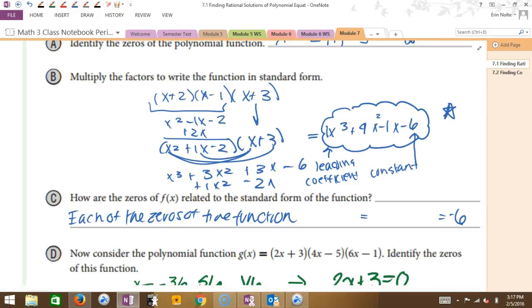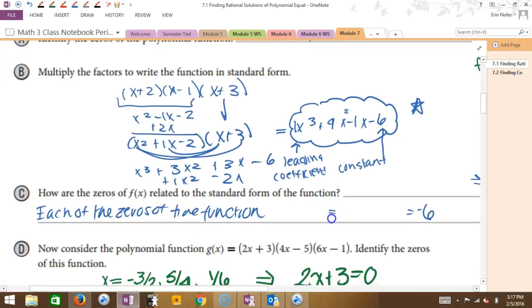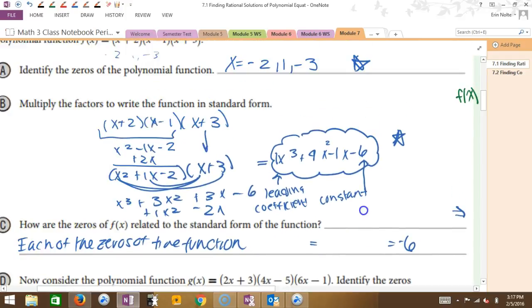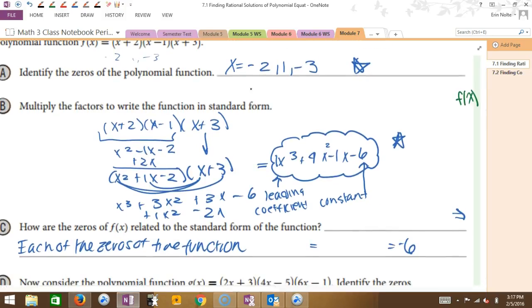Yeah, that's what the computer did. Okay. So I understand that would be positive. Your times your zero. So the zeros of the function are negative 2, 1, and negative 3.